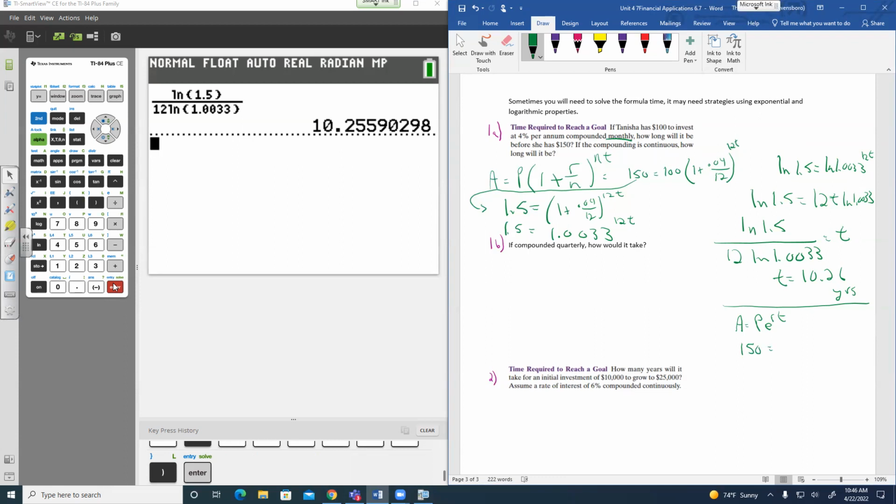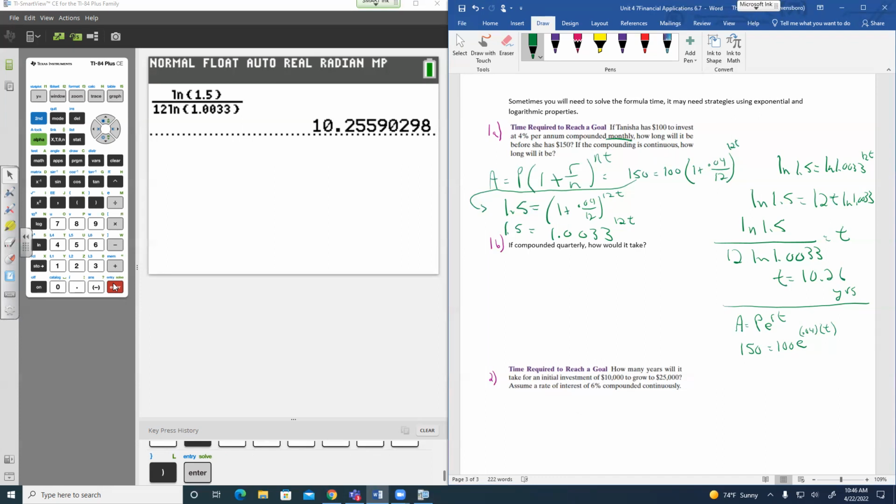The principal was the initial amount. That was that 100. We have this E. Our interest rate was this 4%. So that's going to be 0.04. And since we're compounding continuously, that's where that E came in. We don't have to worry about N anymore. And the duration was, we didn't know.